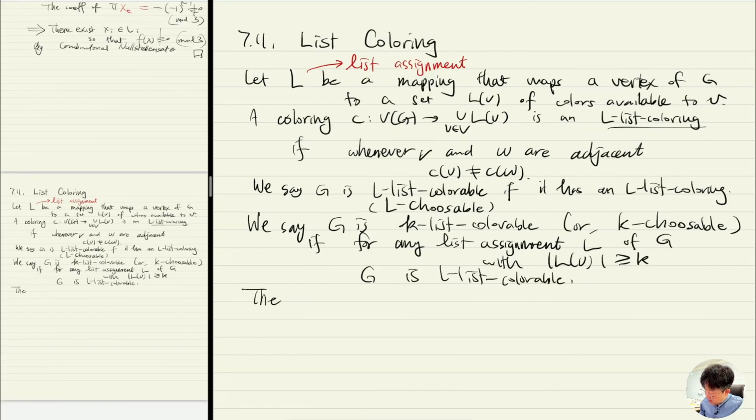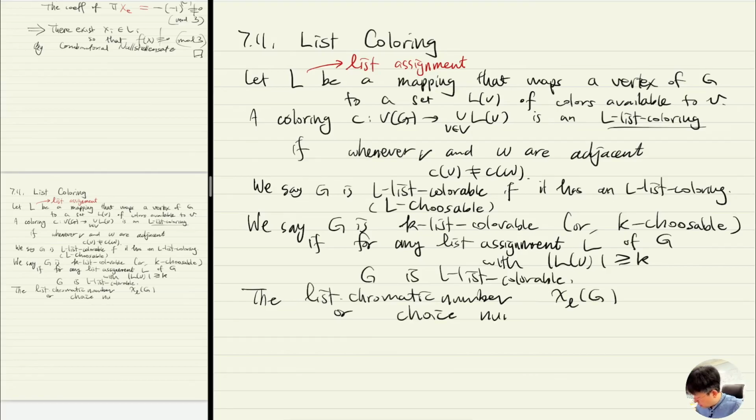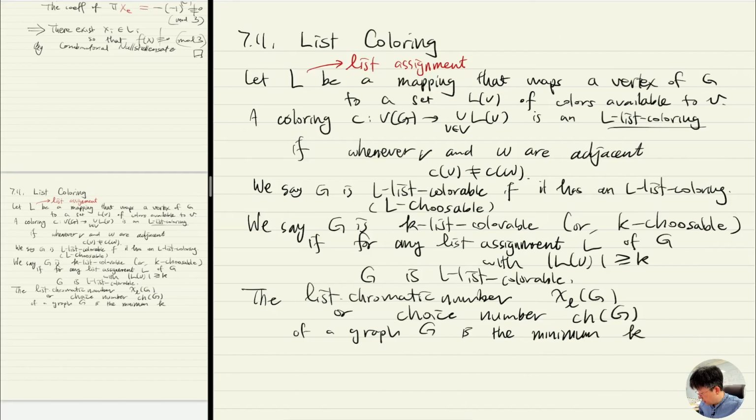And then the list chromatic number, written as chi_L of G, or sometimes called the choice number. Depending on the paper, some people use chi_L and some people use ch of a graph G. It is the minimum k such that G is k-list colorable.